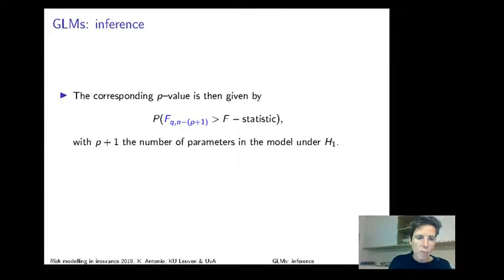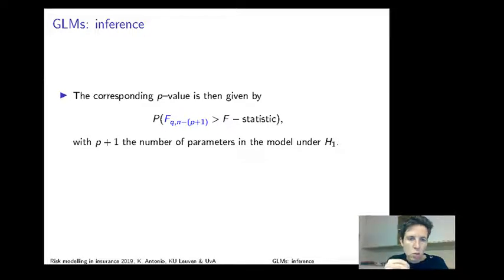Now, to decide whether the null hypothesis should be rejected or not, you will compare the observed value of this F-test statistic with an F-distribution with q and n minus p plus 1 degrees of freedom. That is, if the observed value of your statistic is larger than a high quantile from the F-distribution, then the null hypothesis cannot be accepted.